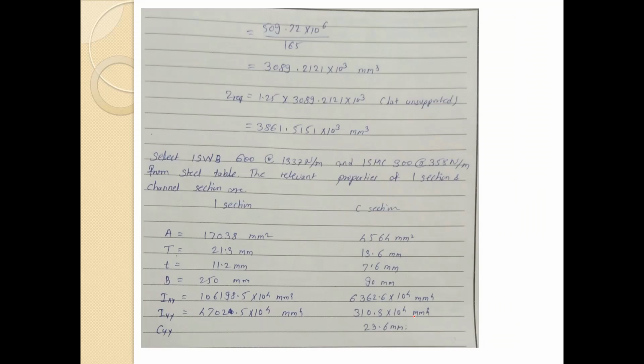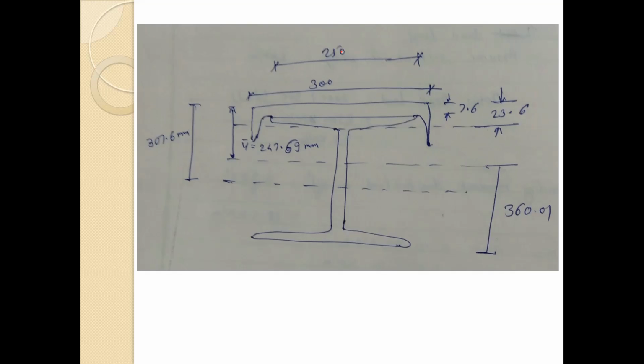So here we'll see the shape again. We are considering here this IYY, and here it is now IXX. This is the YY axis. So earlier we have calculated about XX axis, and now we are calculating about YY axis.